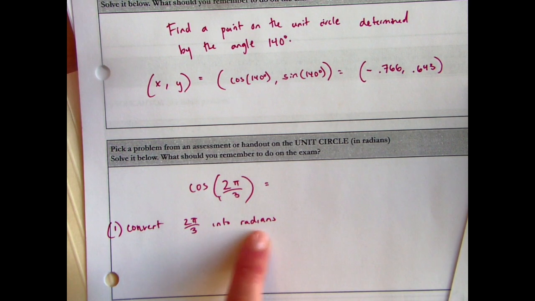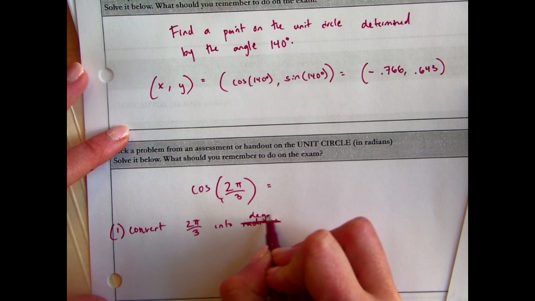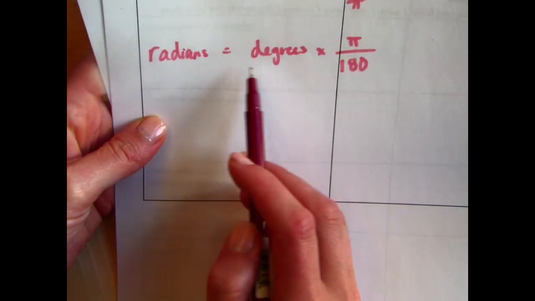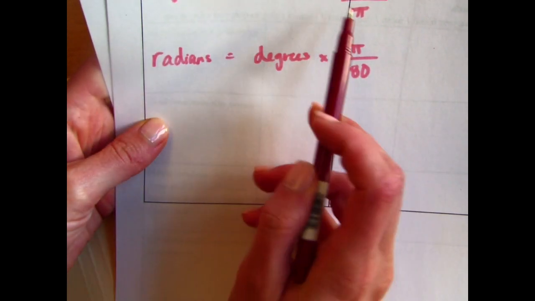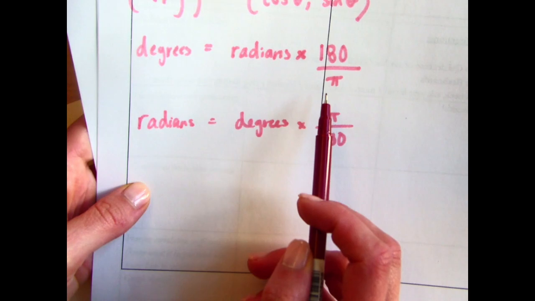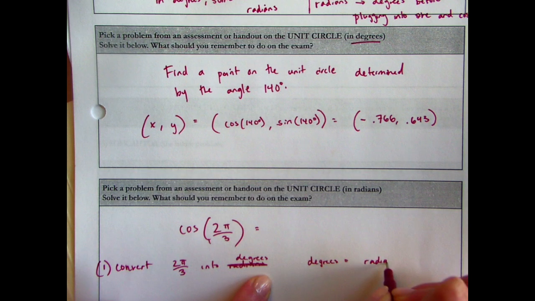I can plug the cosine of 120 degrees into my calculator, and I will get negative 0.5. So the second step would be to plug into your calculator. Okay, so that's an example of how to fill out your study guide for key concept number 1.